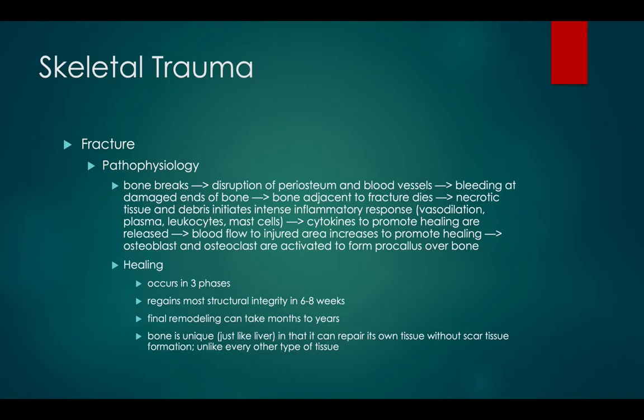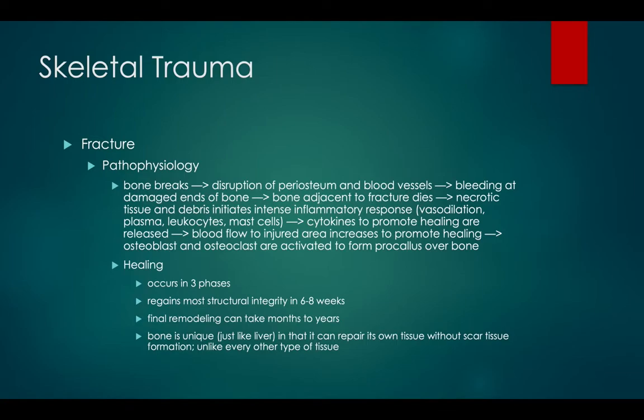So, the pathophysiology behind bone fractures. Basically what happens is the bone breaks. Obviously, that's the first step. Once that happens, you have a disruption of the periosteum, which is the outer lining of the bone, and then also there are blood vessels involved there. The bone is a highly metabolic structure.